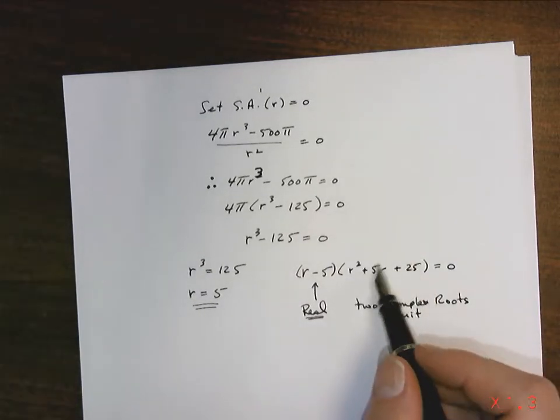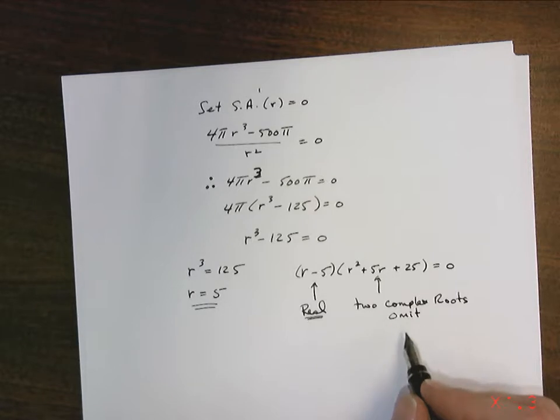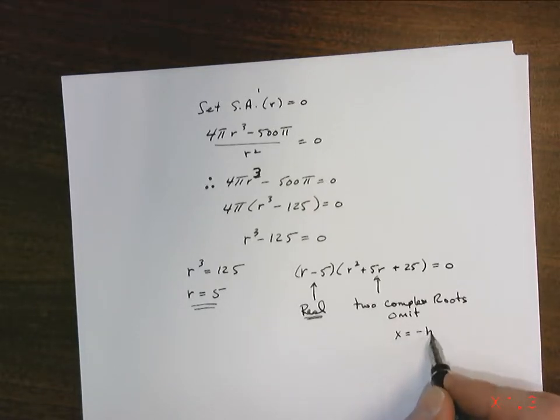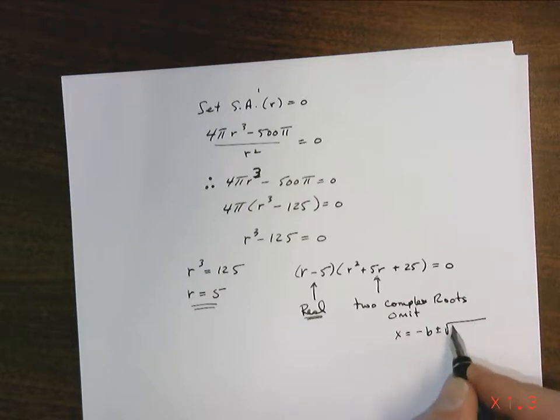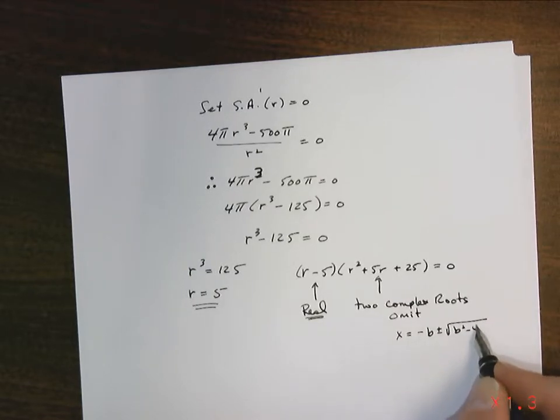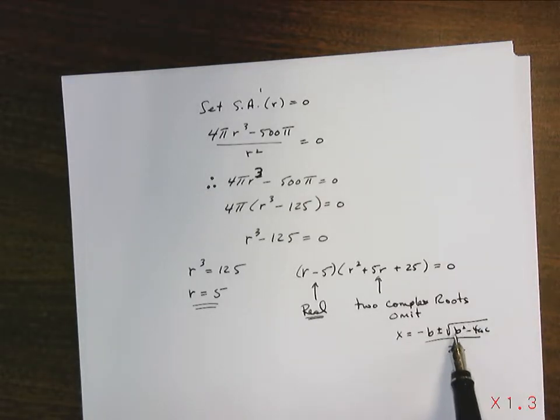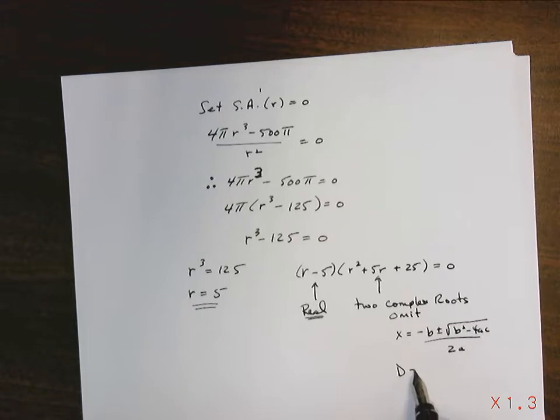A neat way of being able to check this is to check the discriminant, remember. The discriminant is the part of the quadratic formula that is important in determining the types of roots, and that's this part underneath. So the discriminant is b squared minus 4ac.